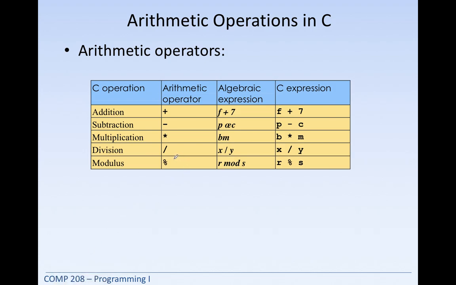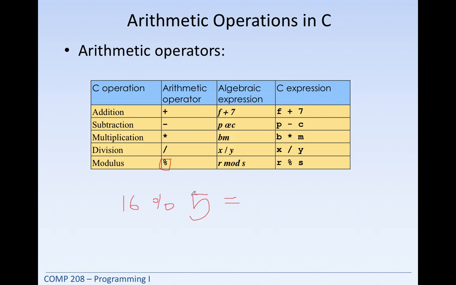So what is modulus? Modulus is the remainder after division. Let me give you a hint of how to use it. Let's say 16 modulus 5. What we do is divide 16 by 5. What would be the result?